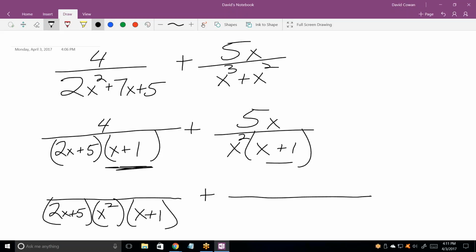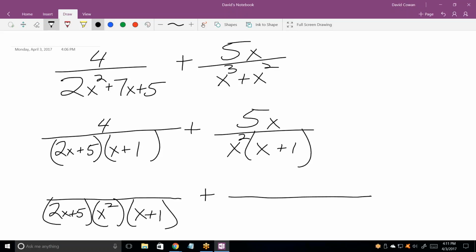In other words, we only need to do x plus 1 once, not x plus 1 times x plus 1. But everything else I do need to do. I need my least common denominator to have a 2x plus 5, an x squared, and at least one x plus 1.